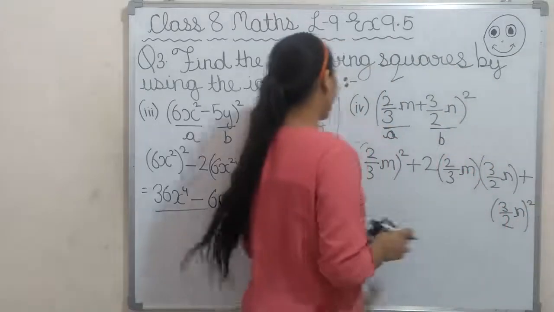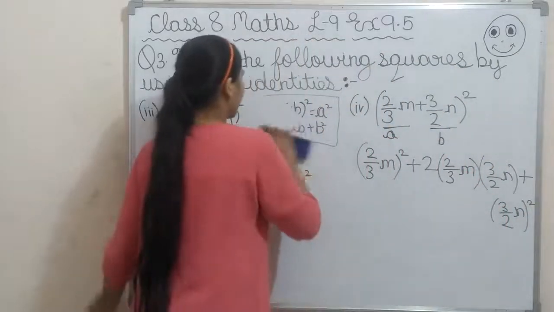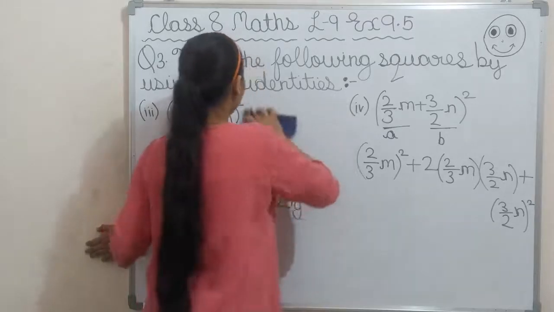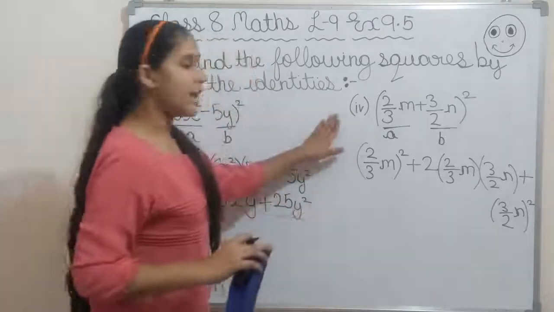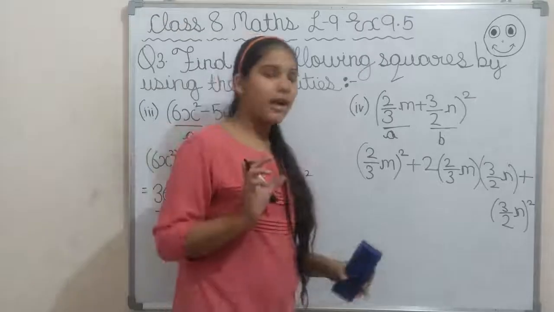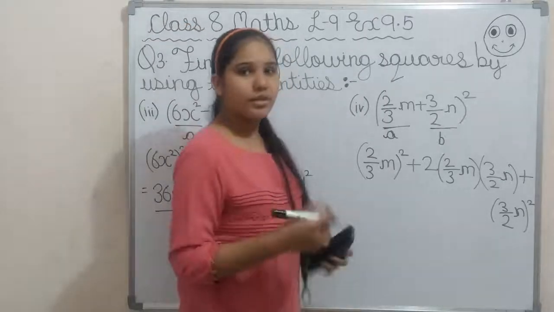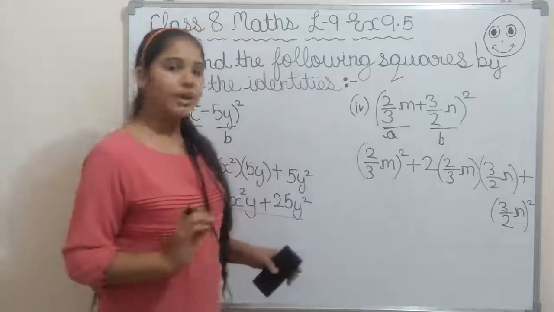Okay, now no need for this, I will rub it. In exam, if the question is asked like this, you have to write the identity. It is important to write the identity, so that the examiner should also understand which identity you are using.